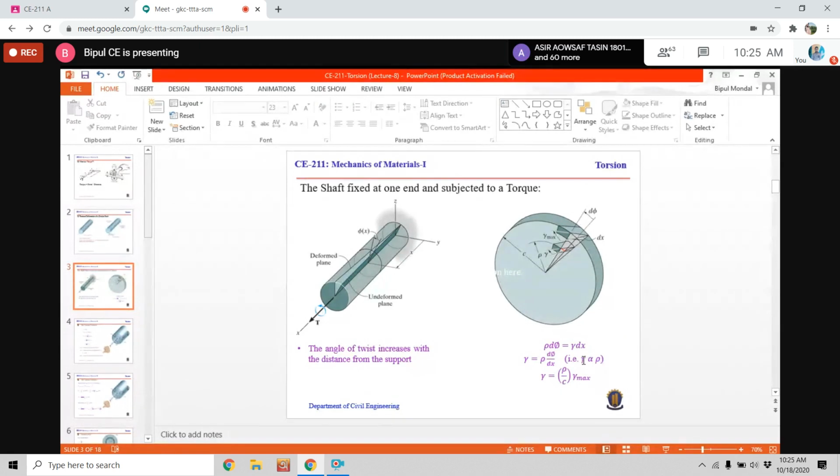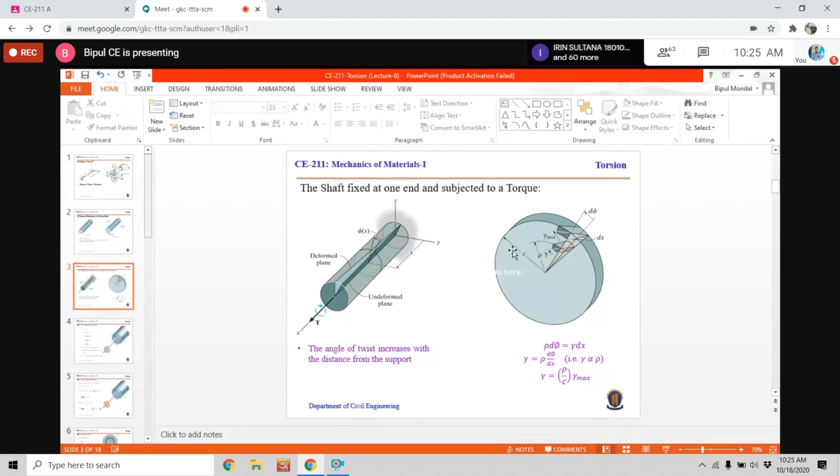So gamma increases with rho. From this figure, as d phi by dx is constant, gamma depends on the value of rho. If we increase rho, then gamma will be bigger.